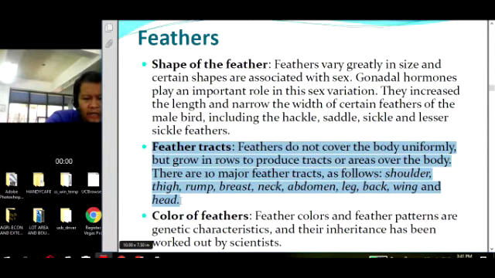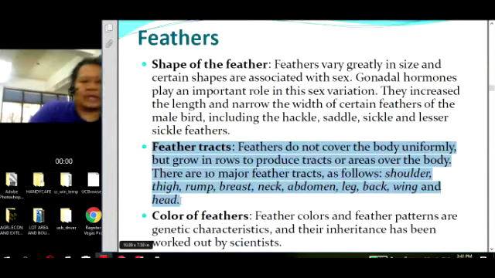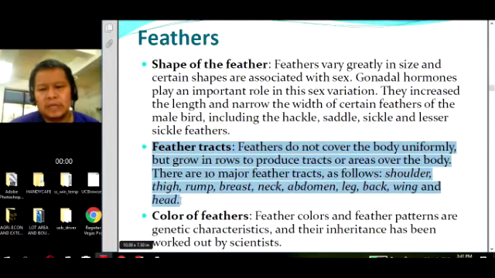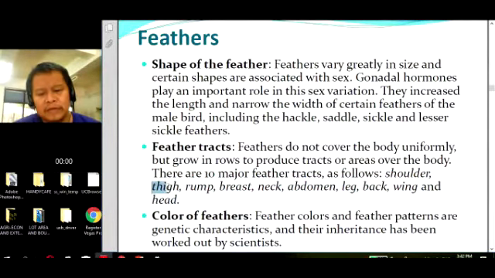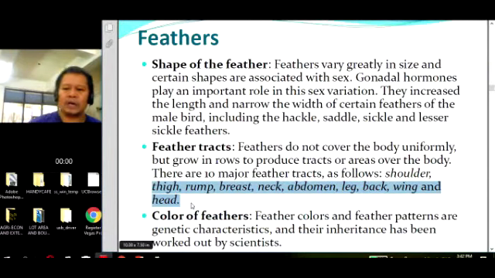Again, feathers do not cover the body uniformly but grow in rows to produce the tracts or areas over the body. So there are 10 major feather tracts as follows. We have the shoulder feather tracts, the thigh feather tracts, the rump, the breast feather tracts, neck, abdomen, leg, back, wing, and head. So these are the different portions of the body that have been populated with feathers.